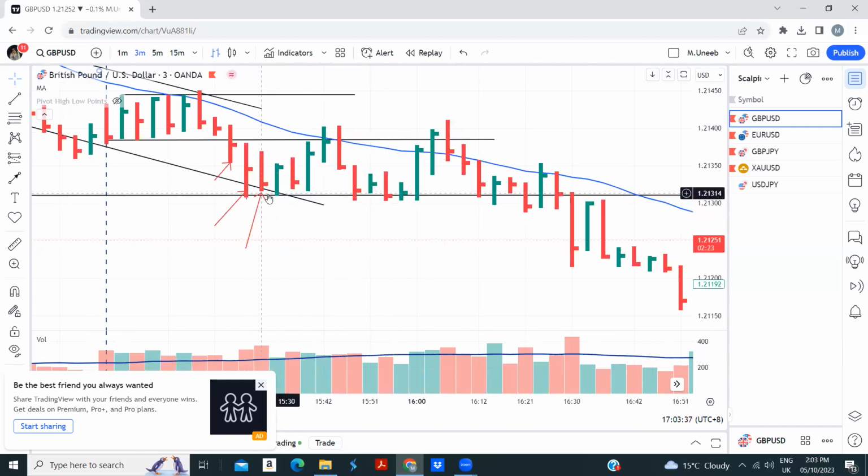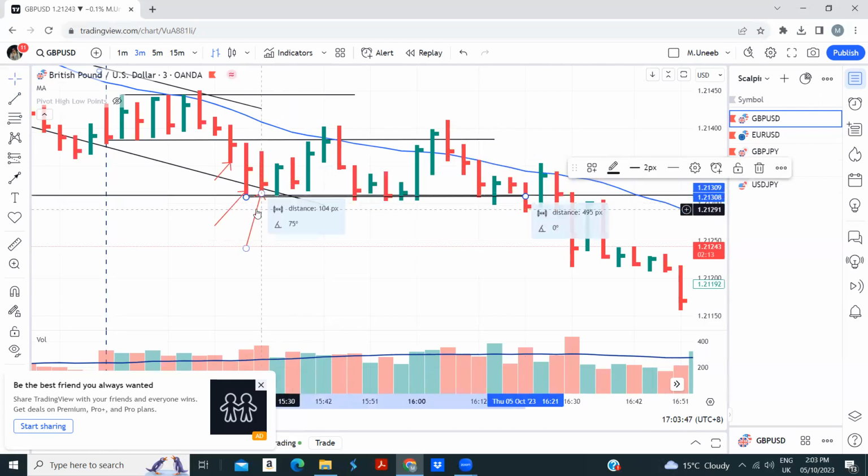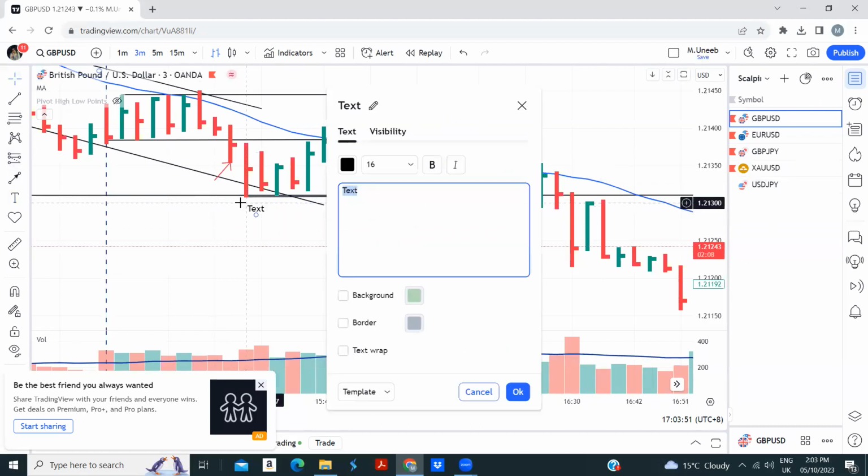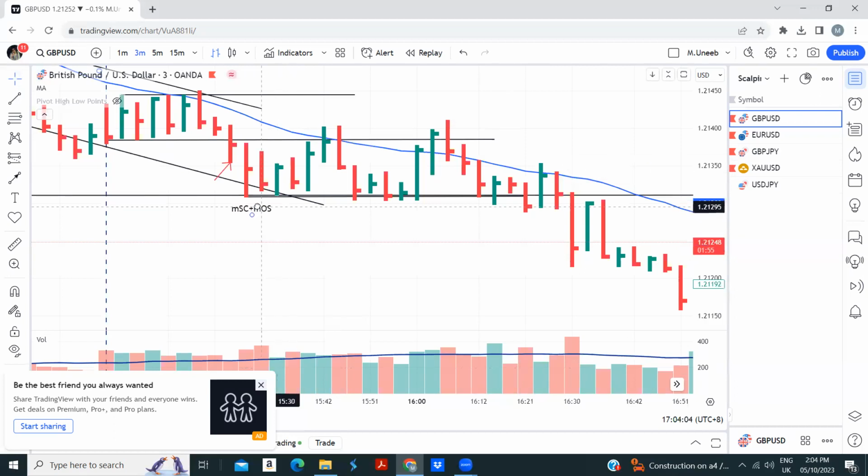So if we take a trade on the test of this region right over here, if we draw the small line here, let's suppose we call it a mini turning climax plus mini oversold. Okay.